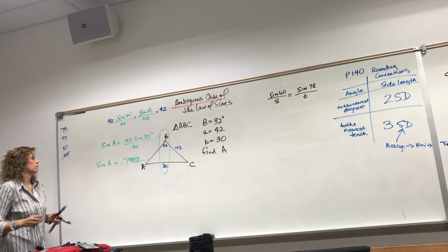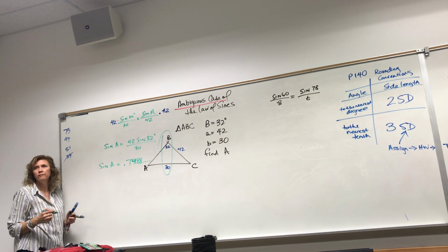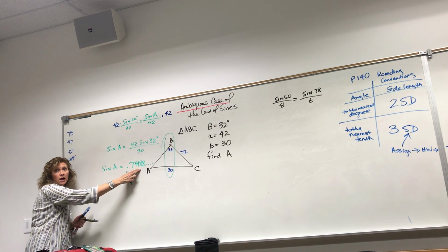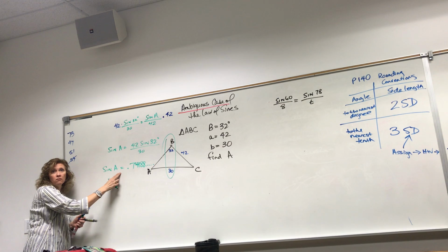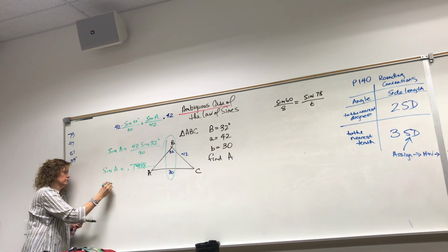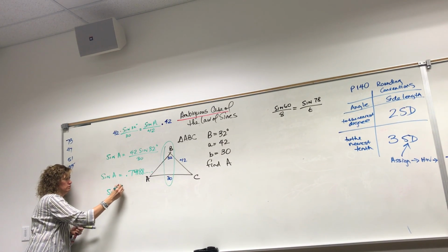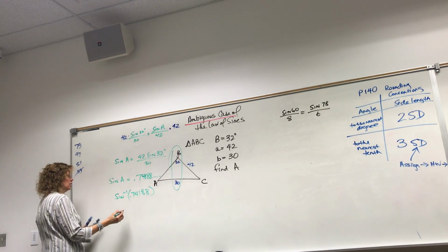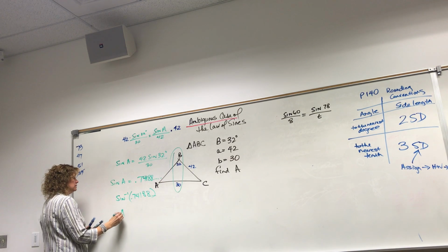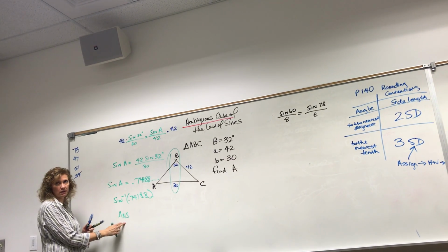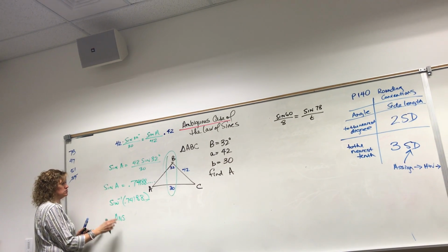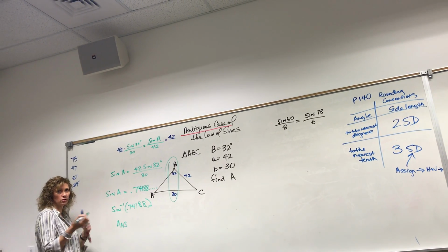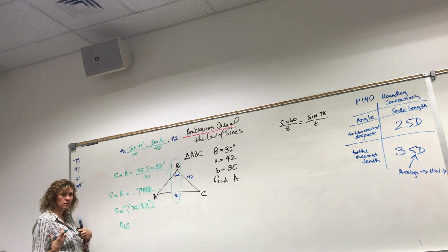Okay. How do I figure out A? I've got the ratio as a decimal. I want the angle. We're going to do the inverse sine. This is where you're going to want to make use of your ANS key, answer key. As soon as you hit the inverse sine key, you're starting a new row of your calculator computation.